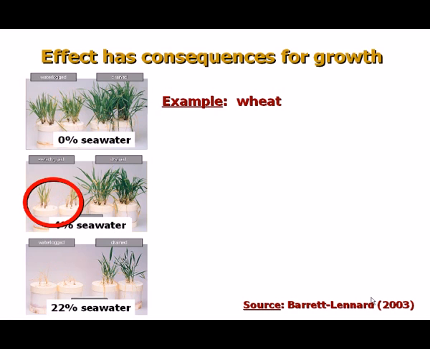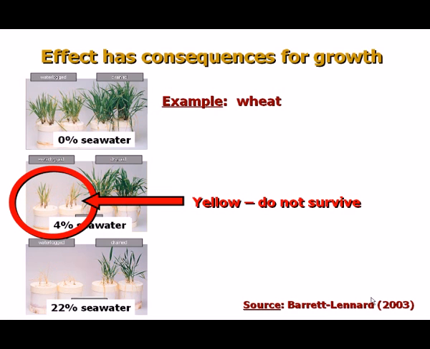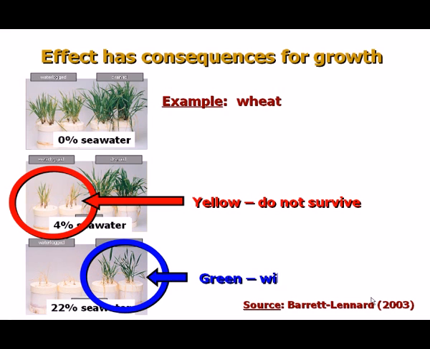And you can see that the combination of quite low levels of salinity, but with waterlogging, after 30 days we've effectively killed the plants. The shoots are yellow and they're not going to survive. Whereas with 20% seawater but under drained conditions, the shoots are green and they're going to grow to maturity.